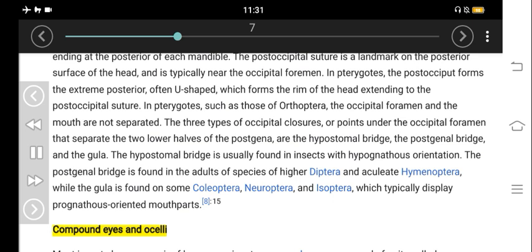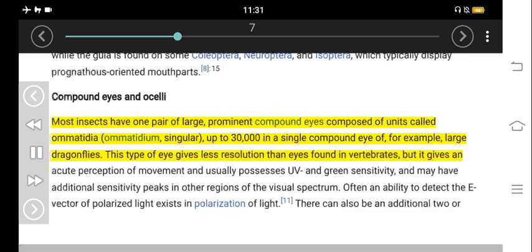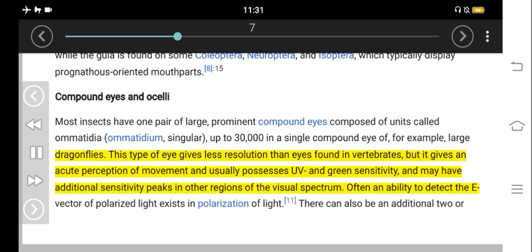Compound eyes and ocelli. Most insects have one pair of large, prominent compound eyes composed of units called ommatidia, singular ommatidium, up to 30,000 in a single compound eye of, for example, large dragonflies. This gives lower resolution than eyes found in vertebrates, but it gives an acute perception of movement and usually possesses UV and green sensitivity, and may have additional sensitivity peaks in other regions of the visual spectrum.